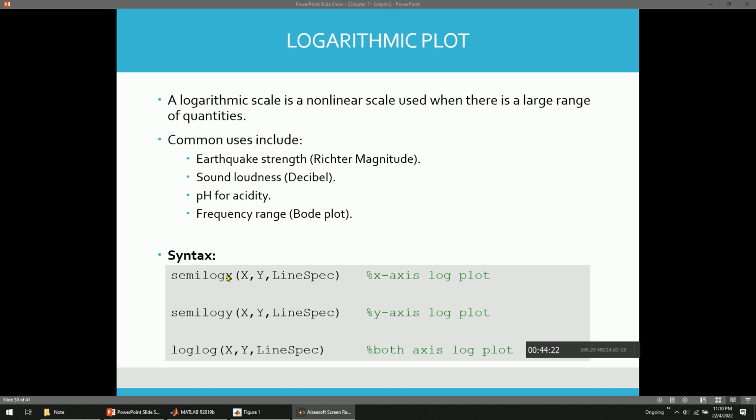If the x-axis is the log, you just use semilogx. If your y-axis is the logarithm, you just use semilogy. The x, y, and line spec are the same, so no need to worry about this. Only this one is different. And if both are log, you just use loglog.